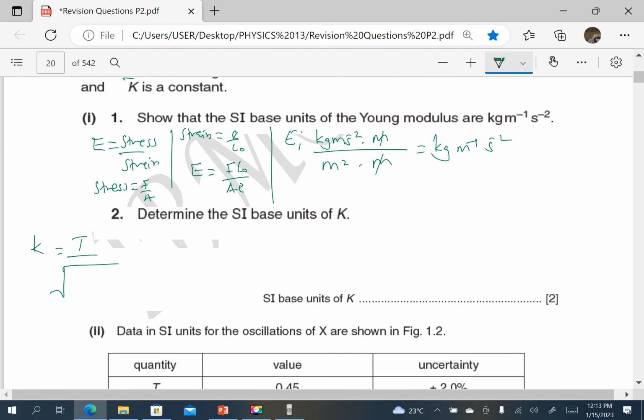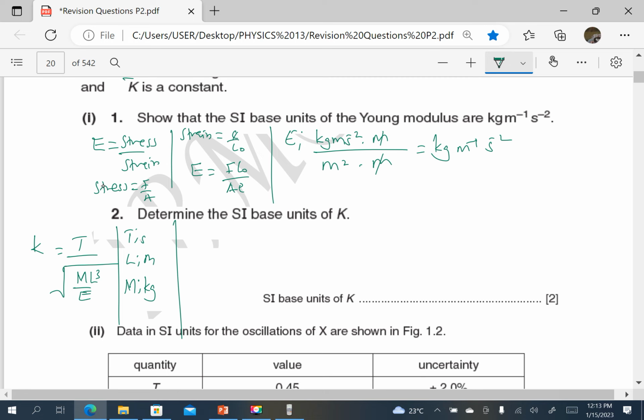Square root of ml cubed divided by E. So I know T is period, base units are seconds. L is length, base units meters. M is mass, base unit kilograms. And we have those for E.